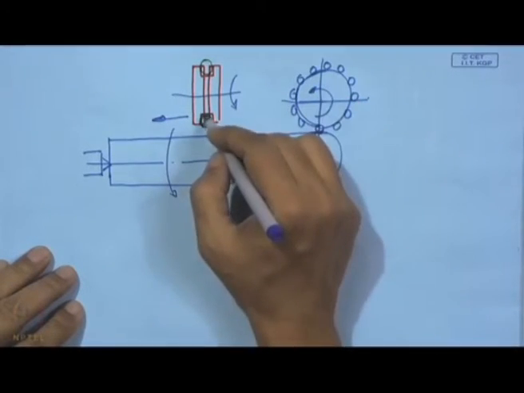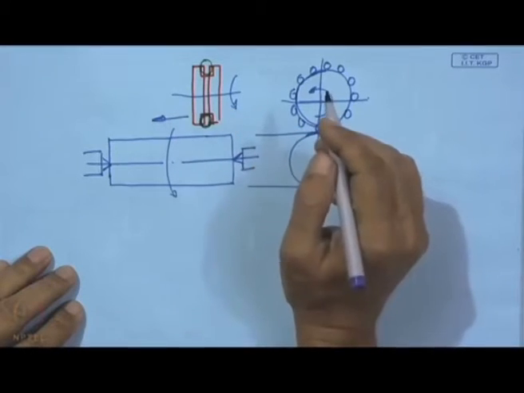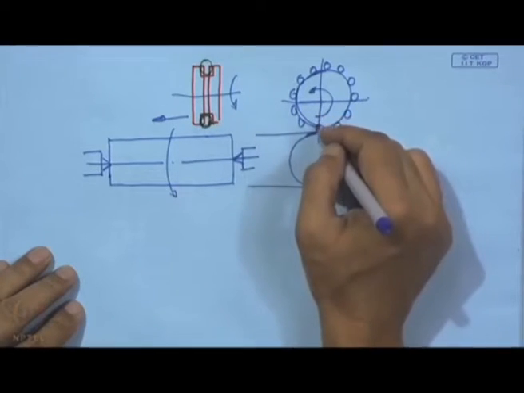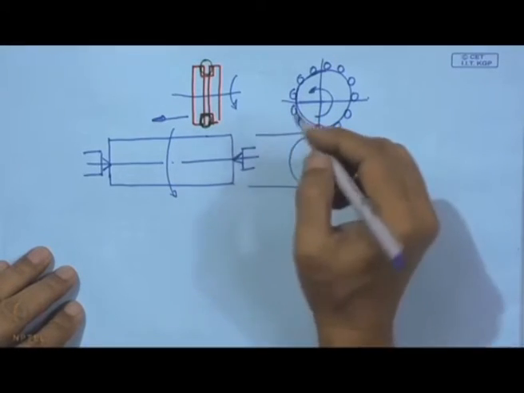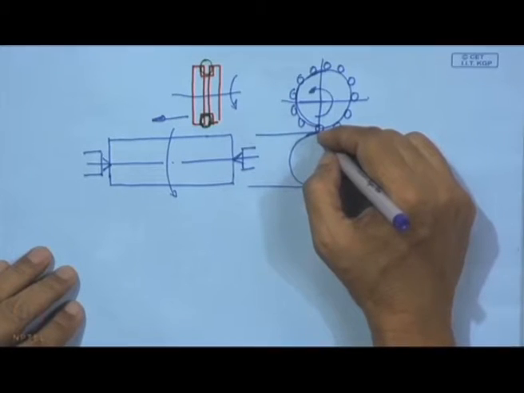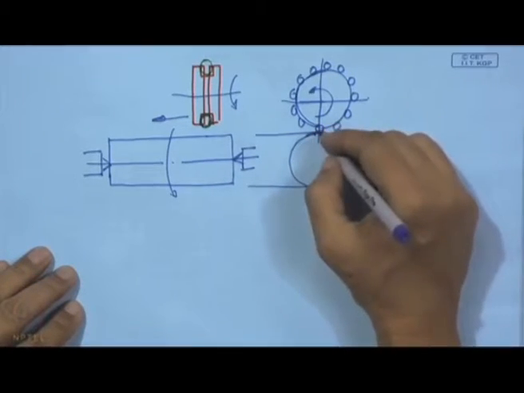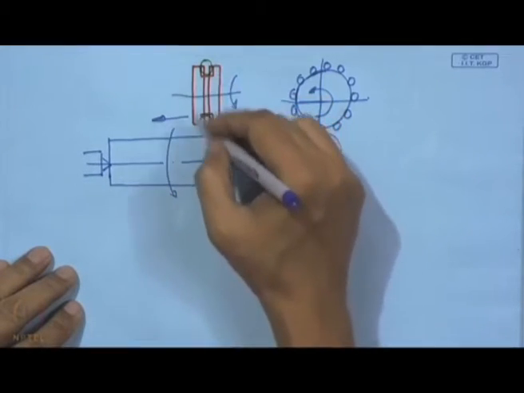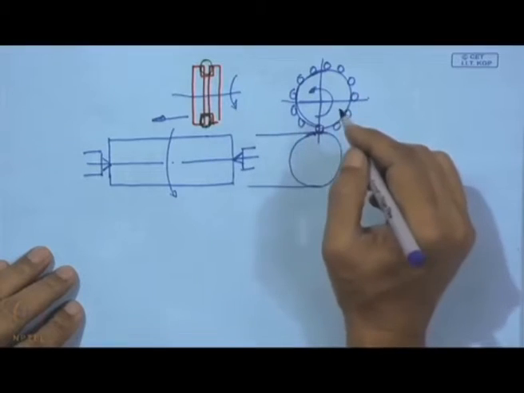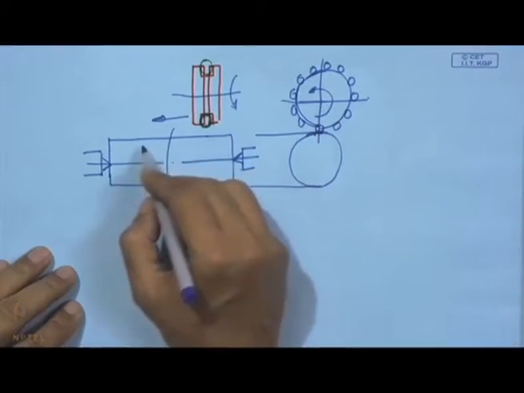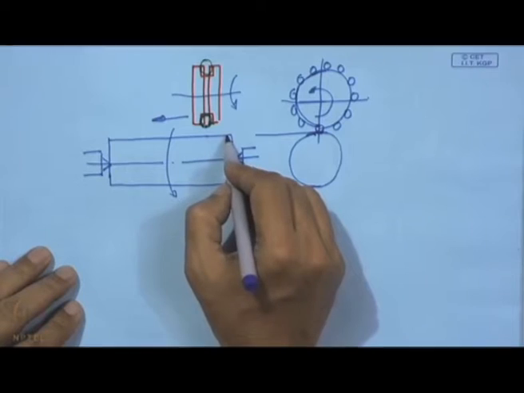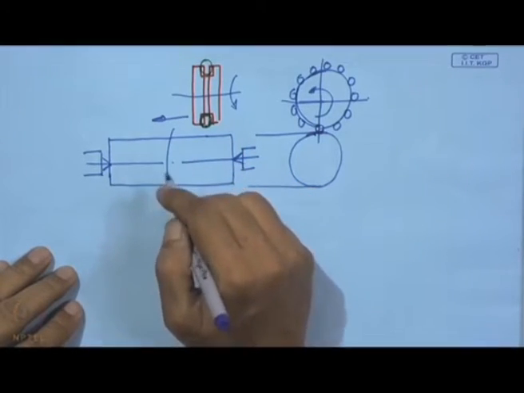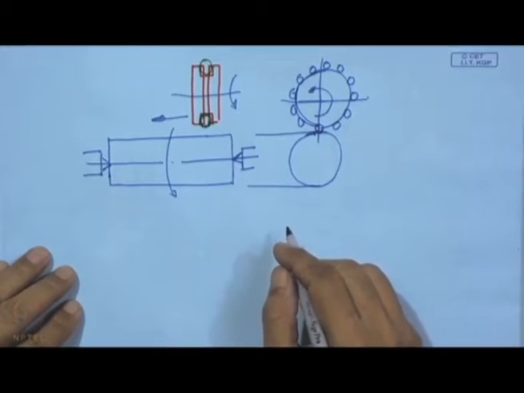Because of this, there is little clearance in that slot. However, during this high speed rotation, the balls will be thrown out by the centrifugal force and held against this surface. As it moves on this side, the ball has a rotational motion and at the same time a translatory motion, and with that it continuously does mechanical work over this surface, which is basically plastic deformation.